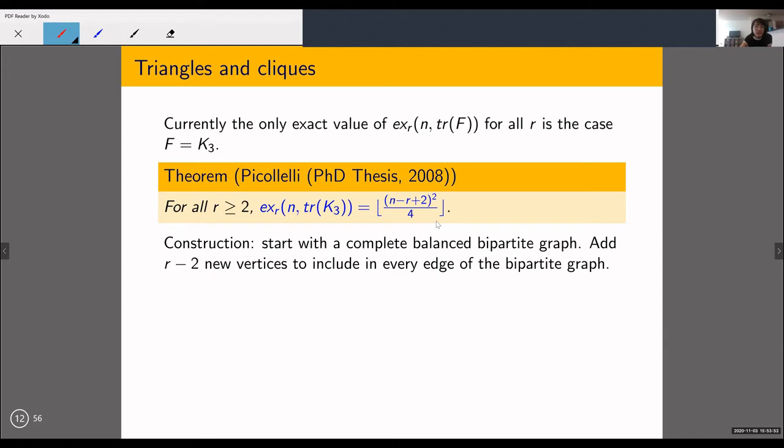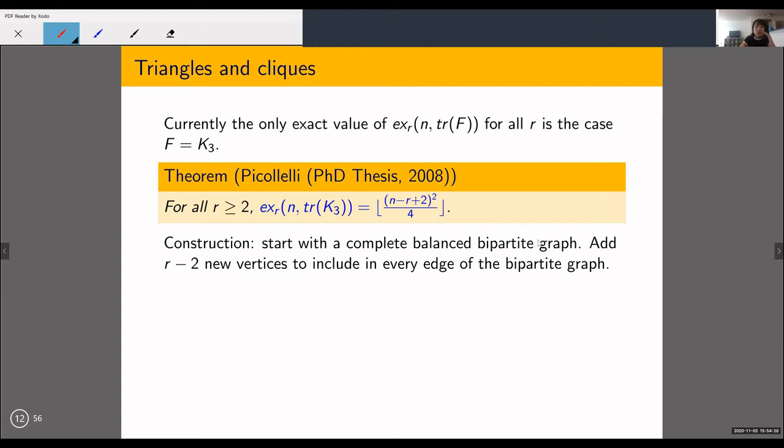The construction is, we start with a complete balanced bipartite graph. And as we know, this is the maximal graph which forbids just a triangle. To make it into a hypergraph, we add r minus 2 new vertices, and then extend every edge to include these new vertices. So we go from 2-uniform to r-uniform. This is the number of edges we have.